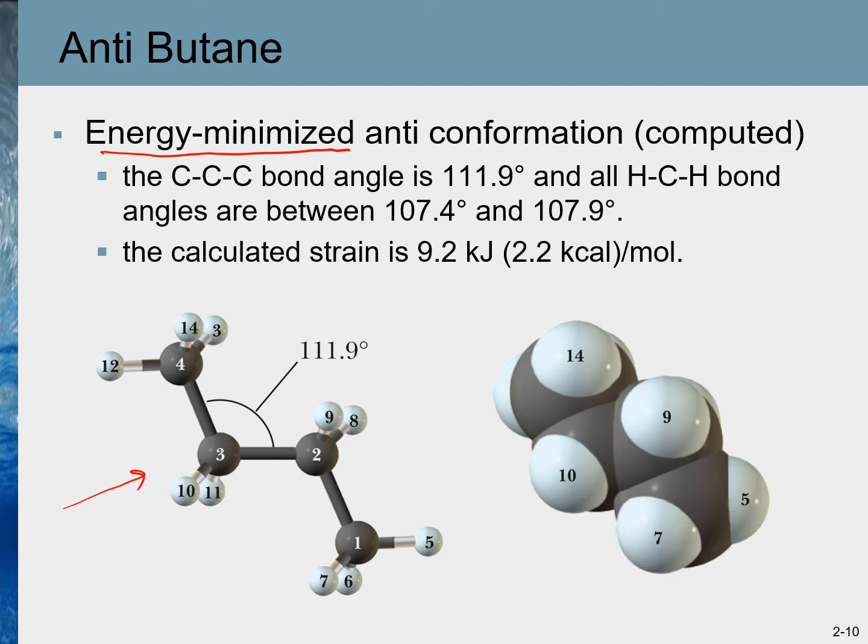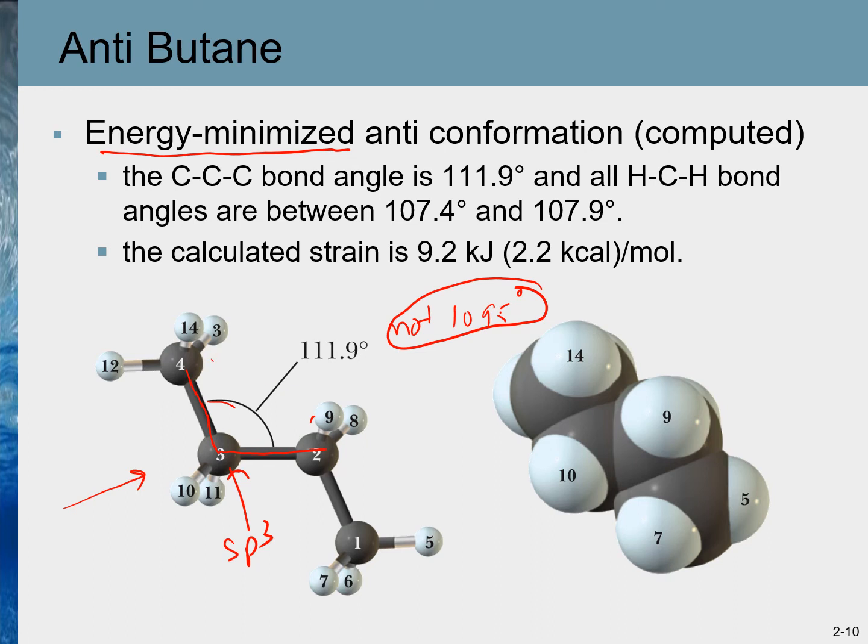It has been found with all these energy minimization calculations that in anti-conformation, the angle between the three carbon-carbon bonds is 111.9 and not 109.5 degrees. So we know that it's an sp3 hybridization state, and this angle is supposed to be 109.5, but at 109.5, these two groups become too close, which may result in some strain.